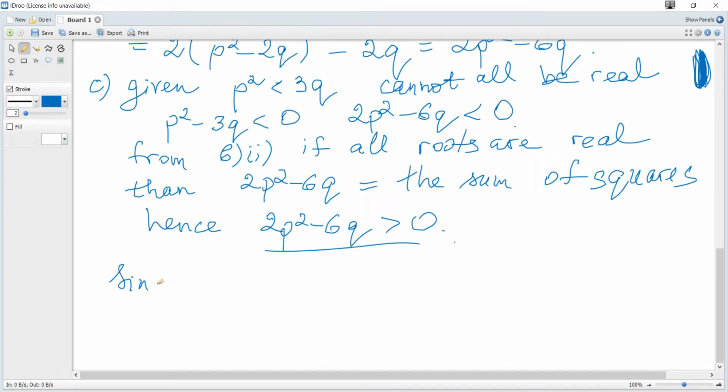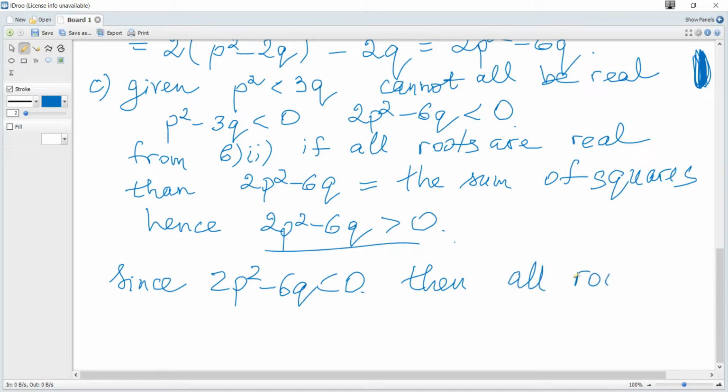Since 2p squared minus 6q is less than 0, it means that the roots cannot all be real.